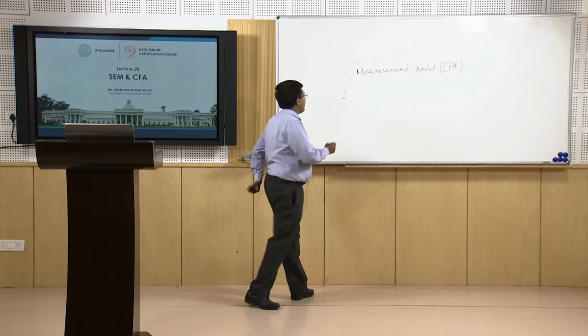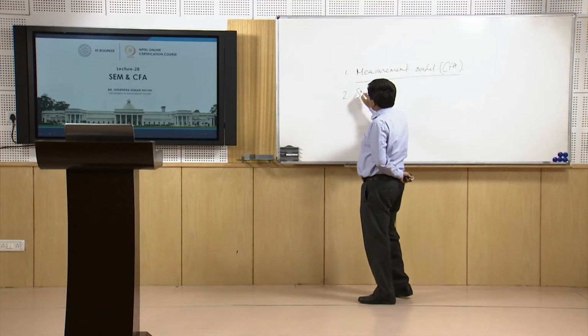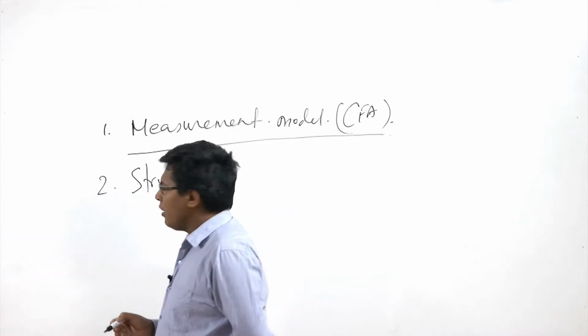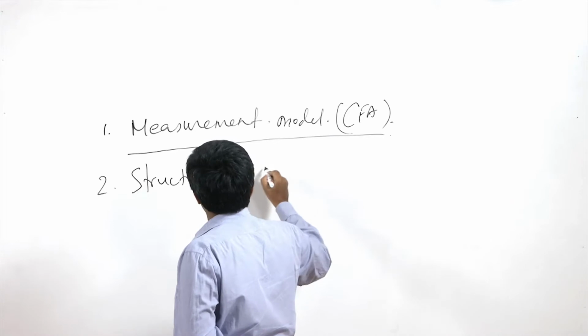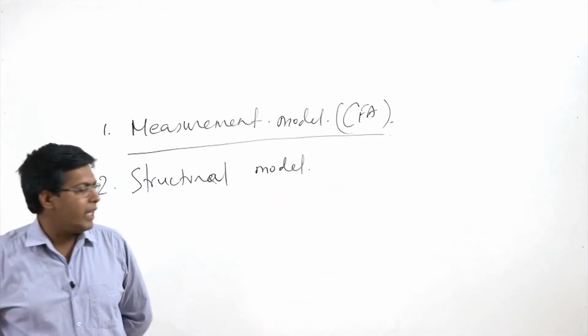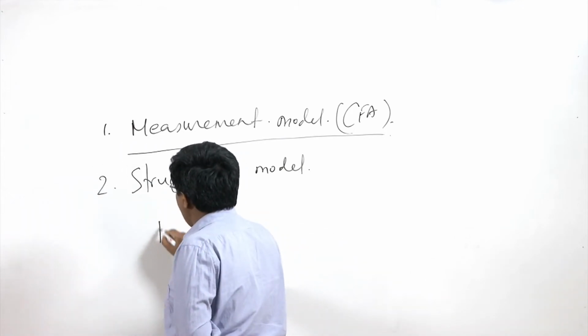And the second part, once you have done that, is to test the structure, the structural model. This is something like a path analysis, and a visual depiction is called a path analysis.